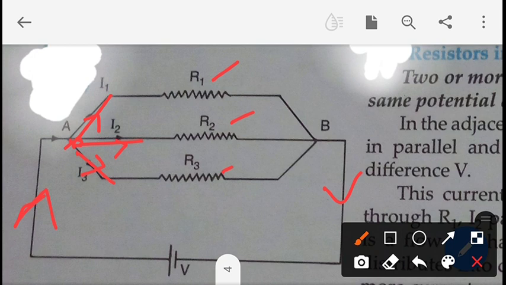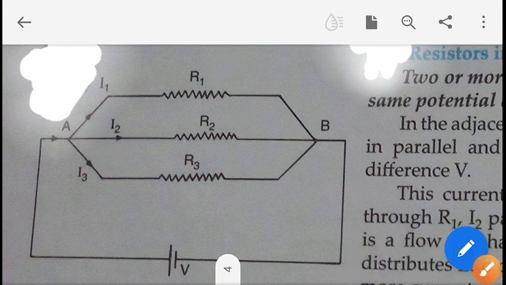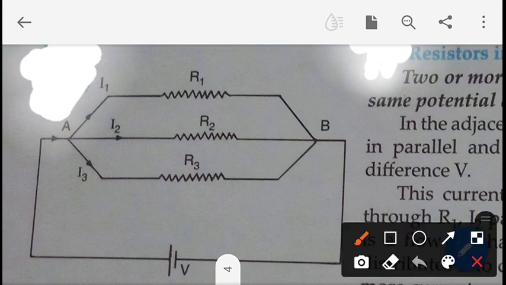In the series case the voltage was divided across the resistors, and here current is divided through the resistors. Simply I can say that the total current in the circuit, suppose I, is divided in three parts, I1, I2 and I3.